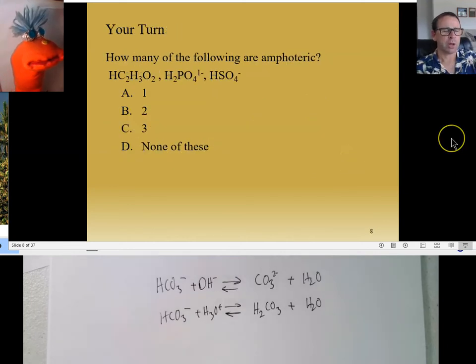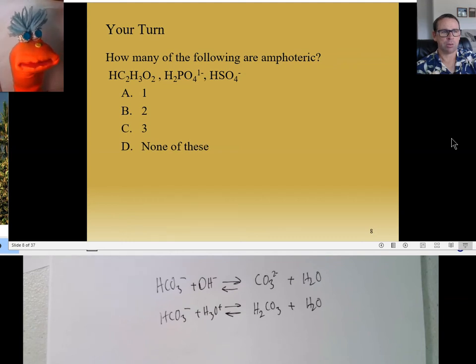Excellent. All right, so how many of the following are amphoteric? You mean it can take and give a proton? That's right. Well, I would think H2PO4- can give a proton because it has a hydrogen. That's true. HSO4- can give a proton, it has one. That's true.